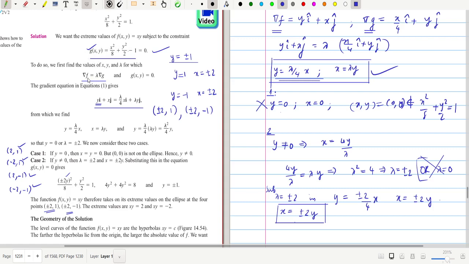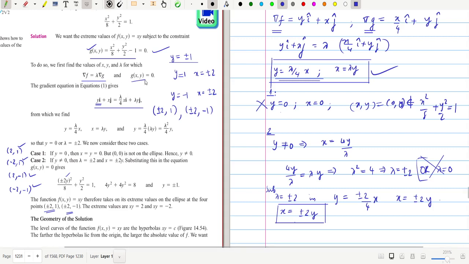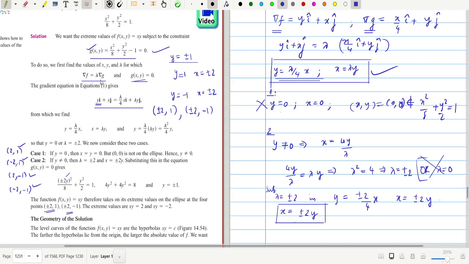Then solve del f equal to lambda times del g. This del f and del g are the corresponding gradients, along with g of xy equals 0. Find lambda which satisfies this system, and at those points we evaluate the function and take the maximum and minimum.